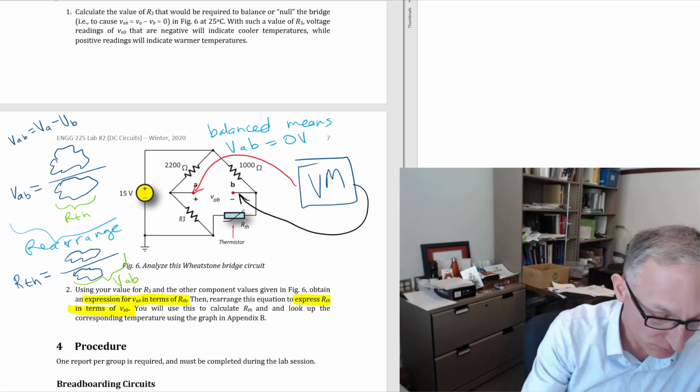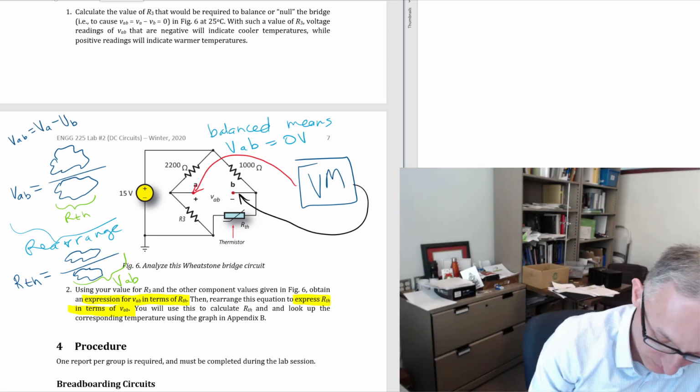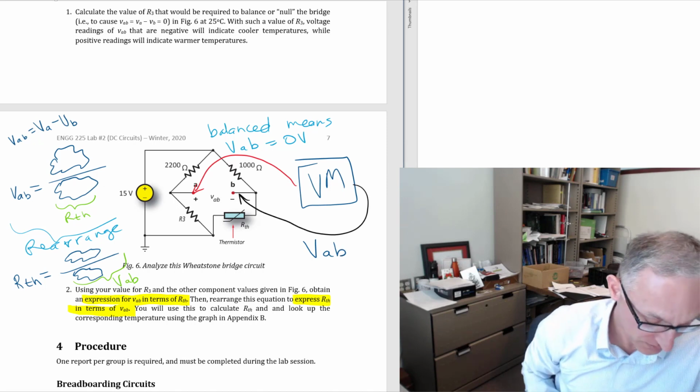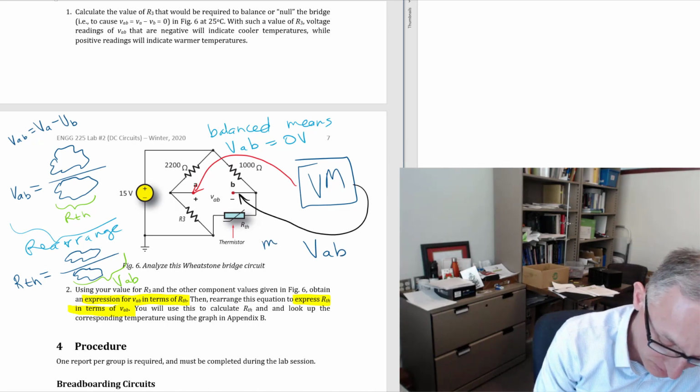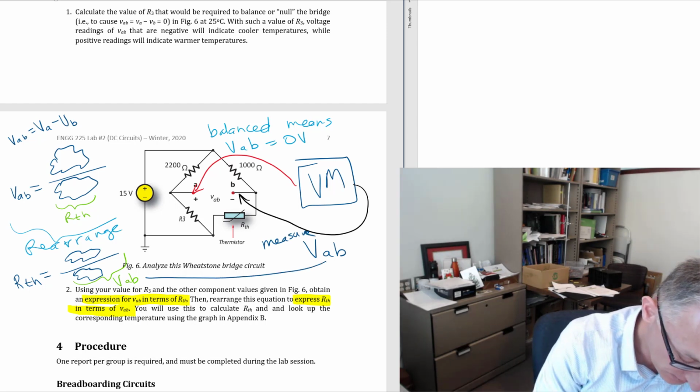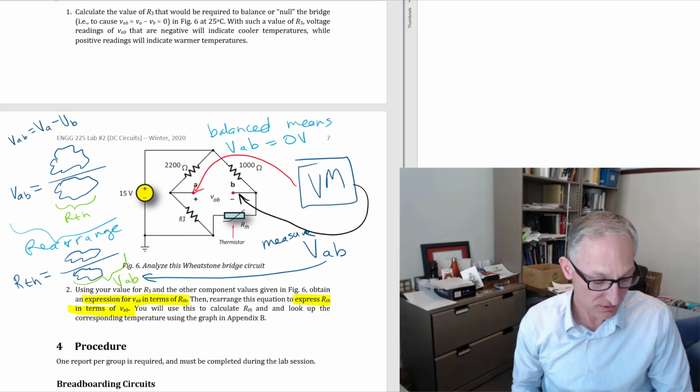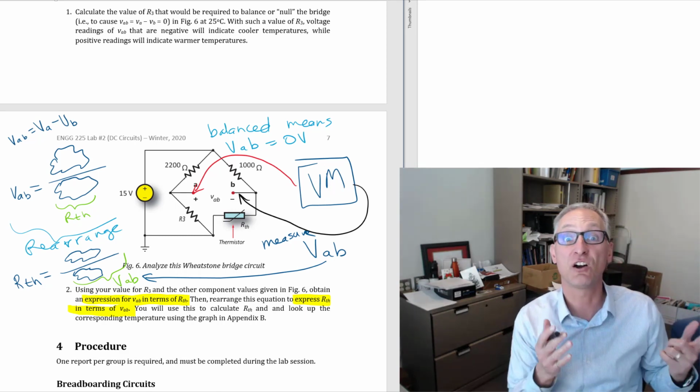And that voltage measurement is going to be VAB. Then you plunk the measured VAB into that equation, and your equation is going to tell you RTH.